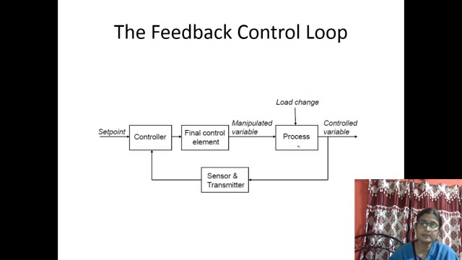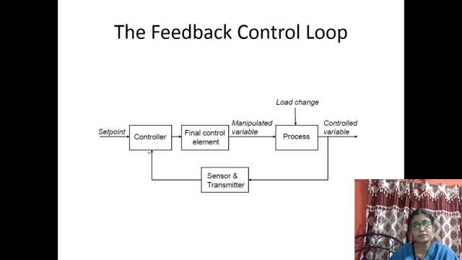We have learnt about process modeling, different parameters for process, then the measuring devices and transmitters, controllers, several types of controllers, control actions, then the final control element and its design and characteristics.